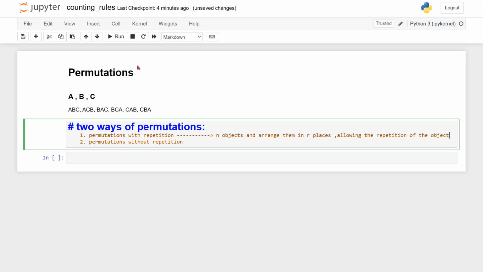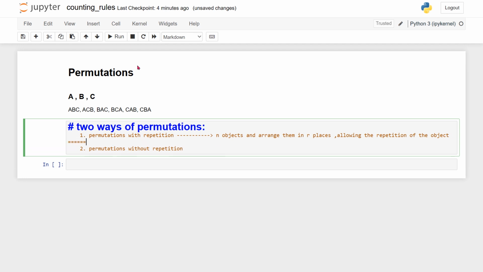Then the formula to calculate the number of permutations with repetition is n power r.